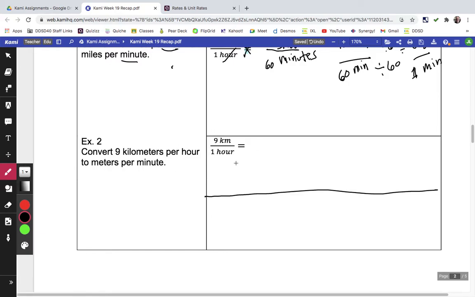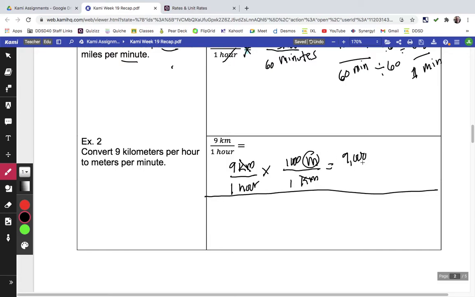So 9 kilometers over 1 hour times, and I'm going to make a 1 here, and I'm going to put kilometers on the bottom. 1 kilometer is 1,000 meters. Because these can cancel out, they have to be in the numerator and the denominator, and then this is 9 times 1,000, that's 9,000.